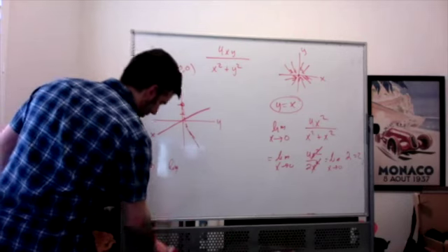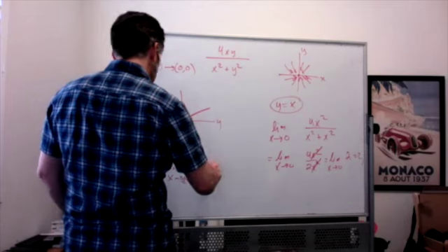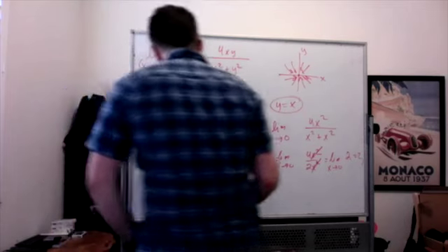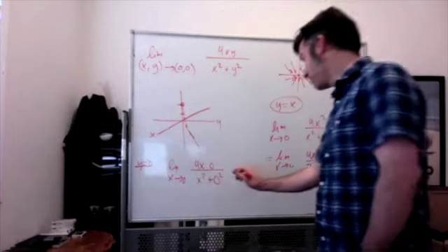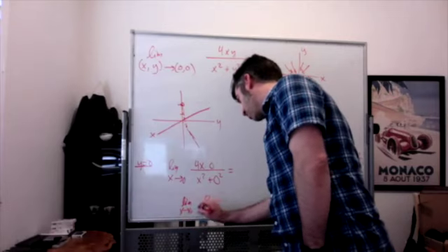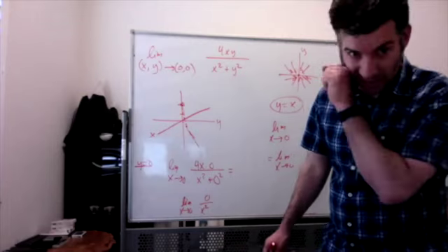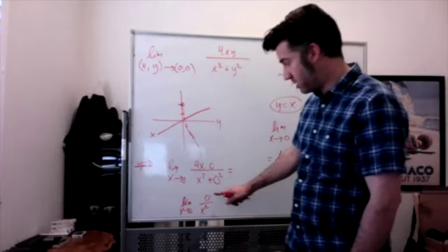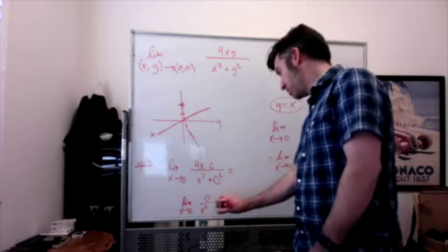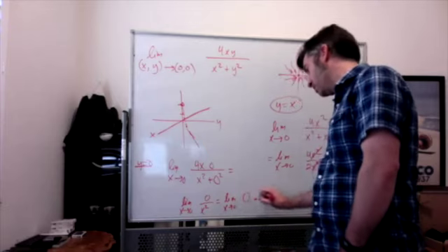So I'm just going to have the limit as x goes to 0 of 4 times x times 0 over x squared plus 0 squared. Well, 4 times x times 0 is 0. So this is the limit as x approaches 0 of 0 over x squared. But x isn't 0. It's approaching, but not equal to 0. Meaning this is 0 divided by a non-zero number, which is 0. So this is the limit as x goes to 0 of 0, which is, hey, 0.